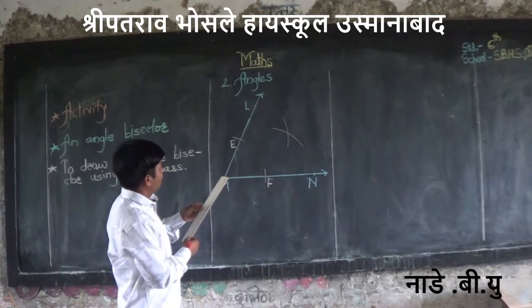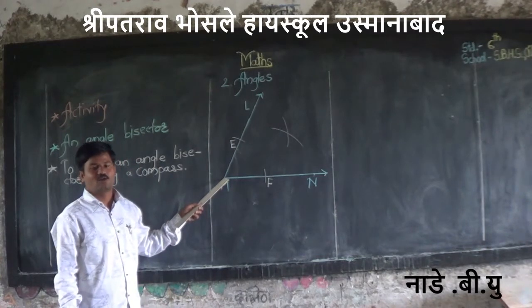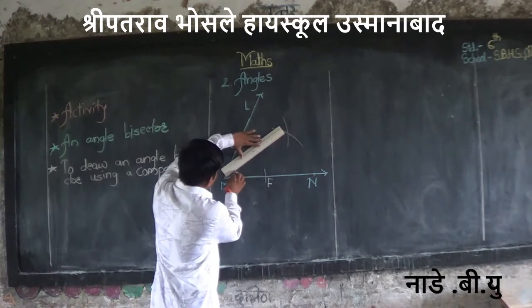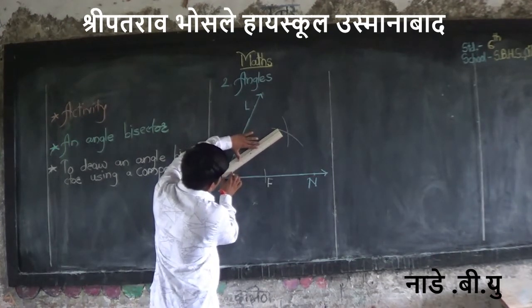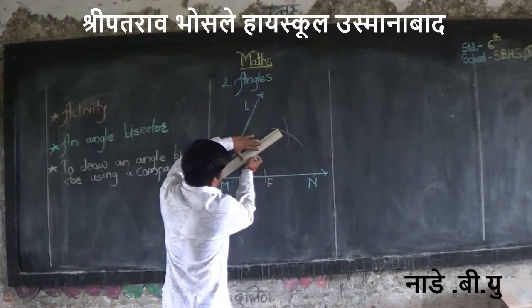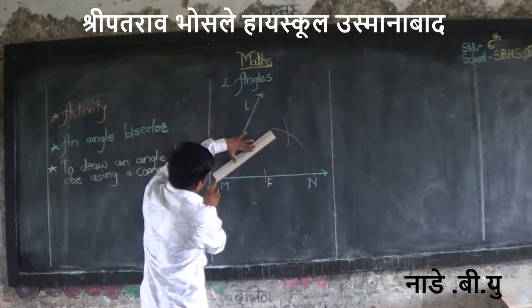Using the scale, draw a line from the vertex of the angle through that point. This line is the angle bisector of angle LMN.